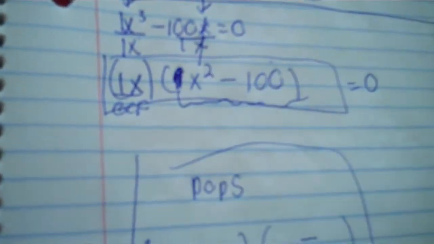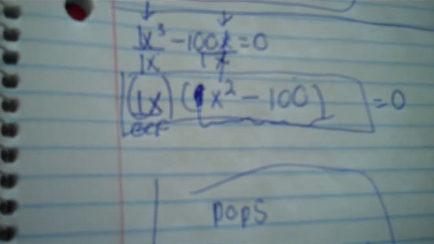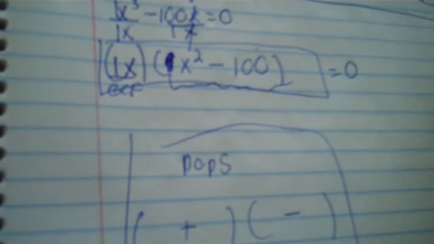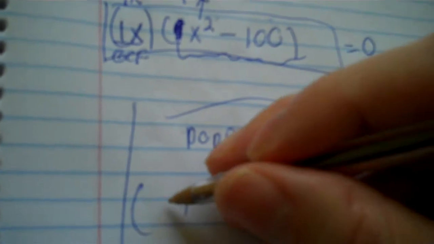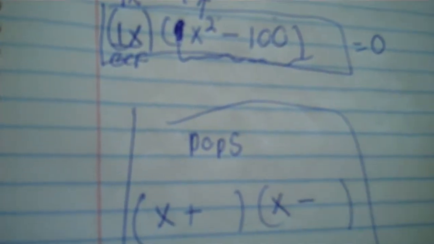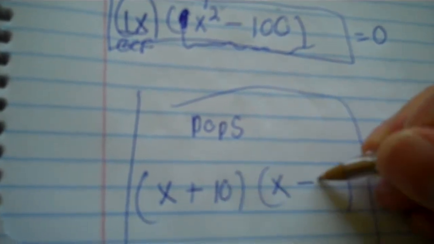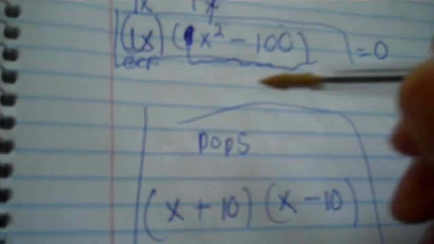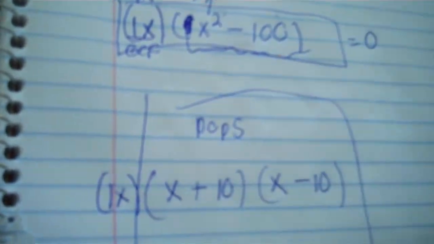You can get rid of your 1. The 1 is pointless to have in front of the x. If it's another number, then you can't just get rid of it, but it's a 1. Now x to the second can be x, x, and then 100 can be written as a perfect square as 10 times 10. And that 1x right there, I just dropped that down.